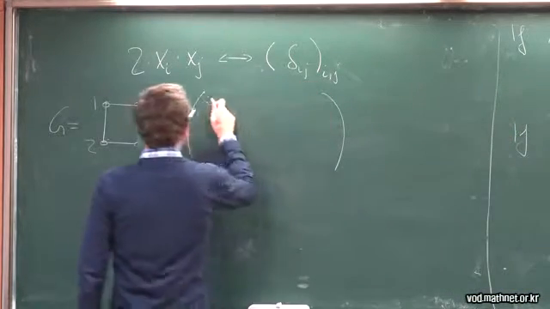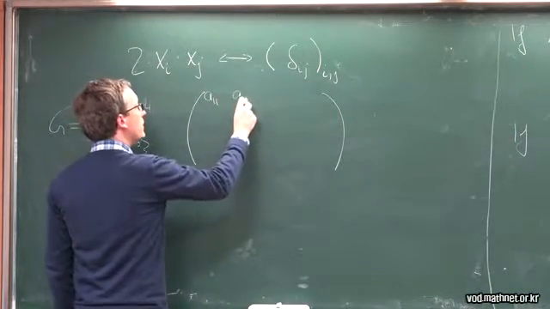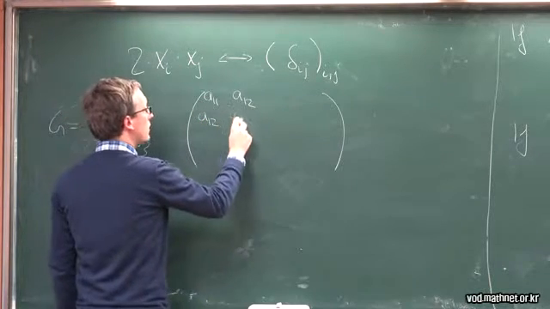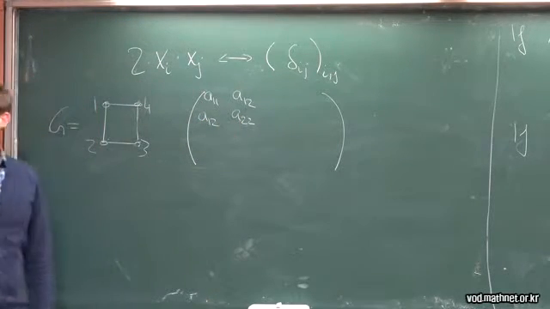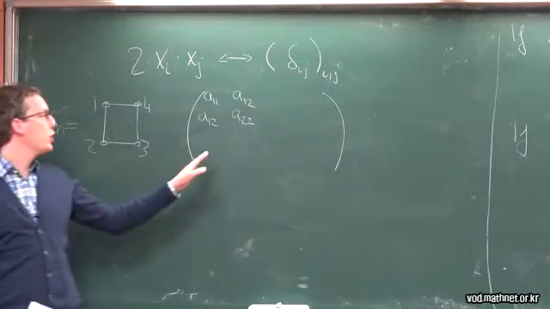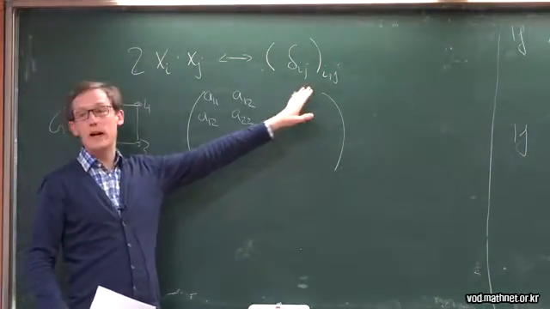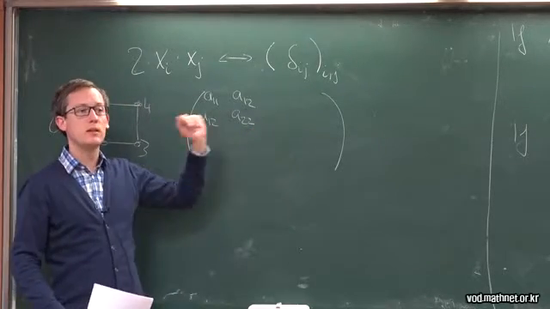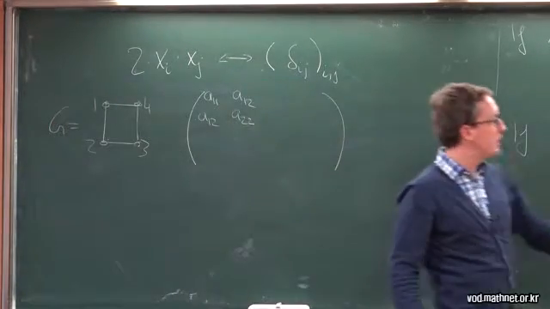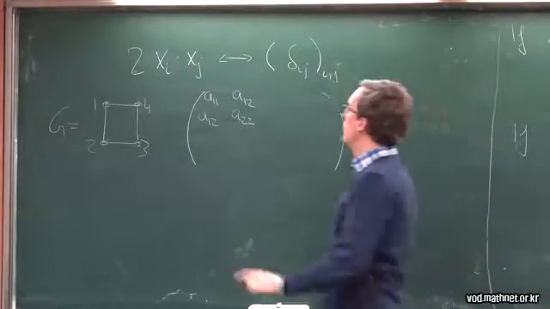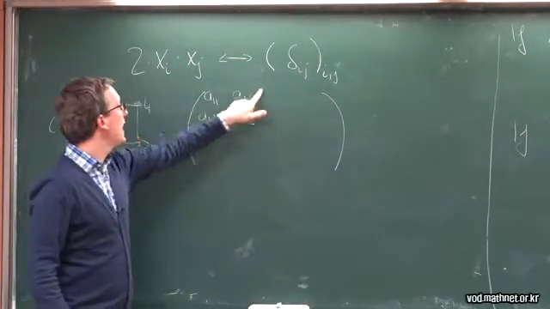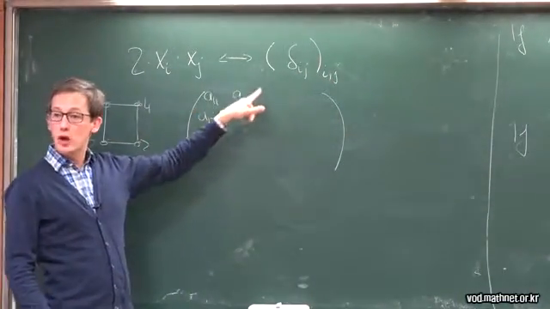So for the matrix, that means I only observe this block, because all the other monomials I don't see, because x3 is 0 or x4 is 0 on this line. So if I just look at the line spanned by e1 and e2, if I restrict my quadratic form to this line, it means I just look at this 2 by 2 block.